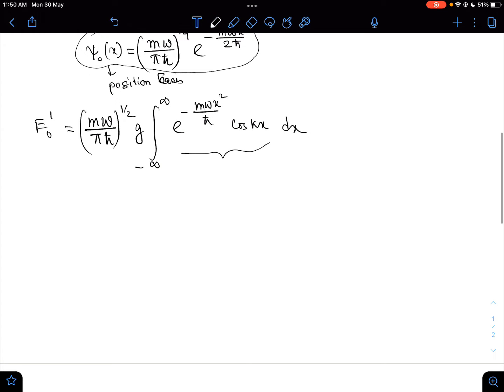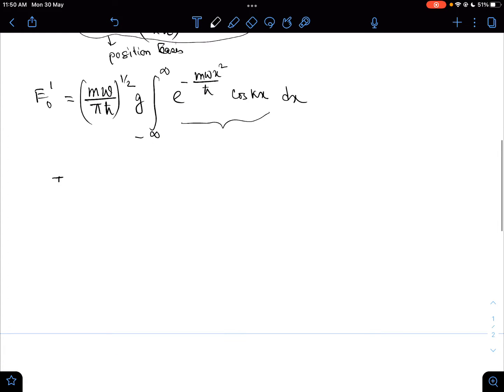So let us denote this by I. So I is the integral from minus infinity to infinity of e to the power minus m omega x squared by h cut into cos kx. Now we know that cos A can be written as e to the power iA plus e to the power minus iA, by 2.